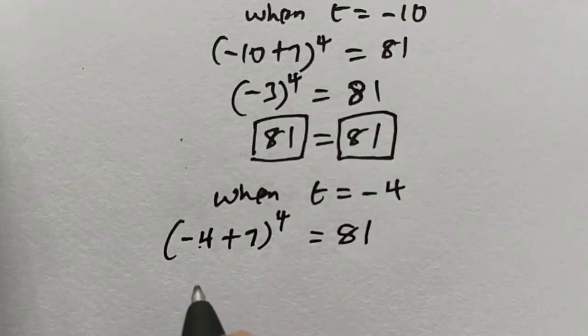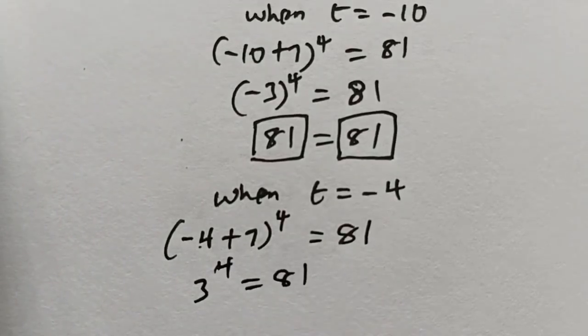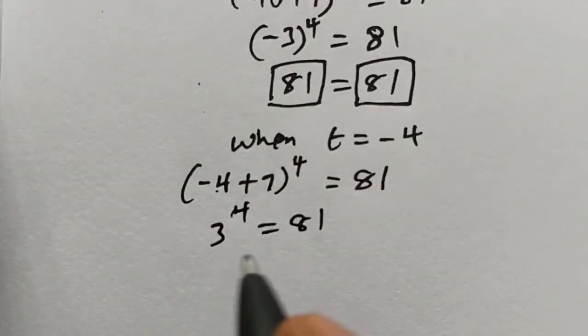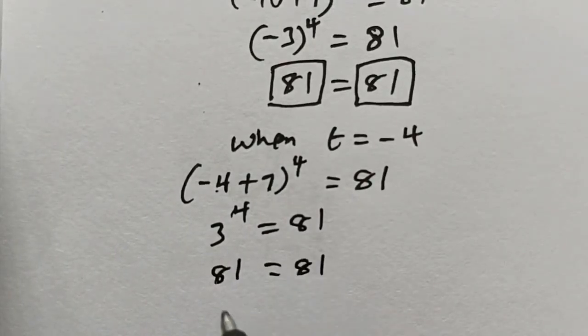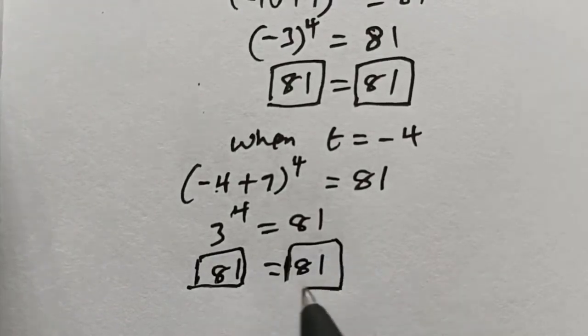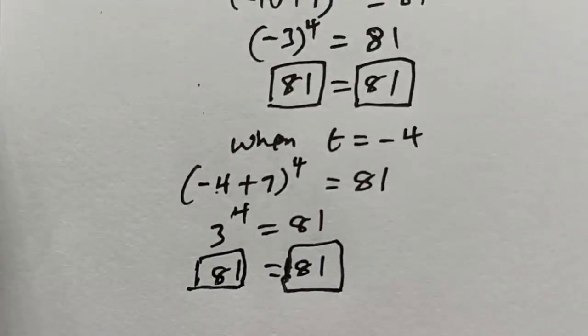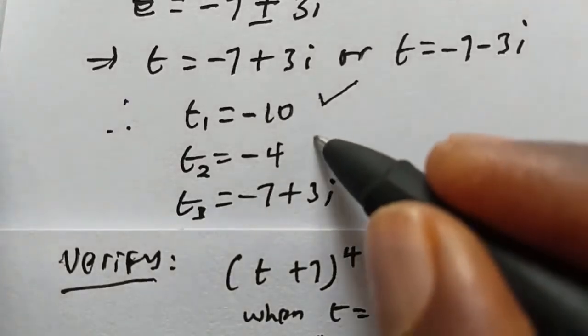Minus 4 plus 7, that is simply 3, all to the power of 4 equal to 81. What is 3 to the power of 4? That is 81 equal to 81. The left hand side is equal to the right hand side. That means the second answer that we also got here is correct.